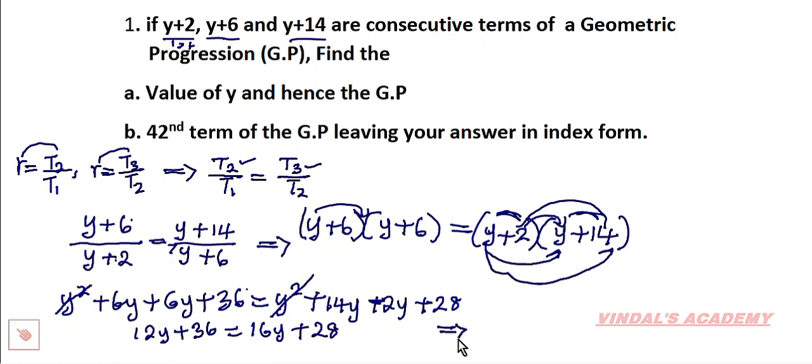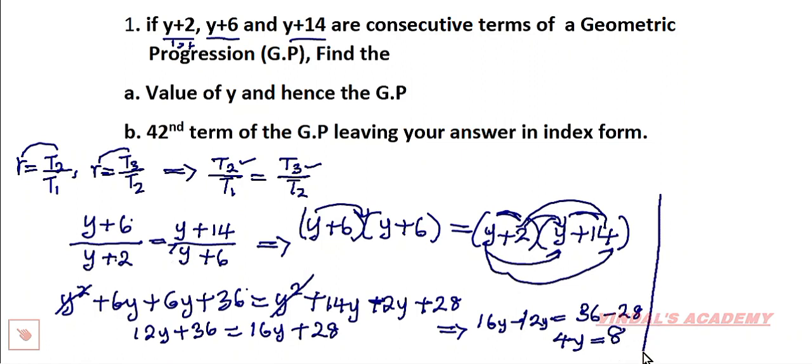Now this means that 16y minus 12y is equal to 36 minus 28. 16y minus 12y is going to be 4y, and this is going to be 8. That simply means that y is equal to 2. So I have found the value of y.